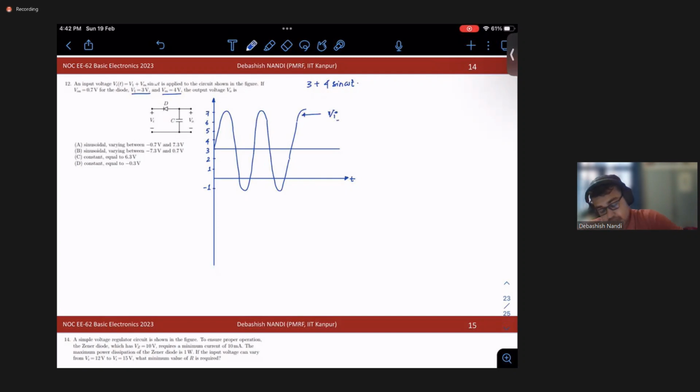So now the question is, if V on is 0.7 volt for the diode. Okay, V on, as usual, is 0.7 volt, right?